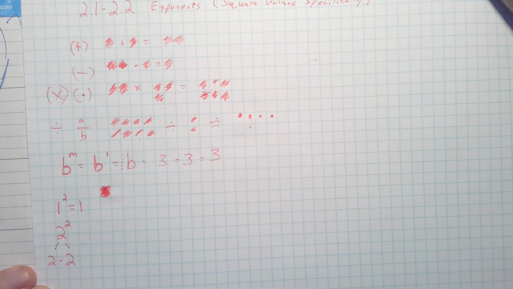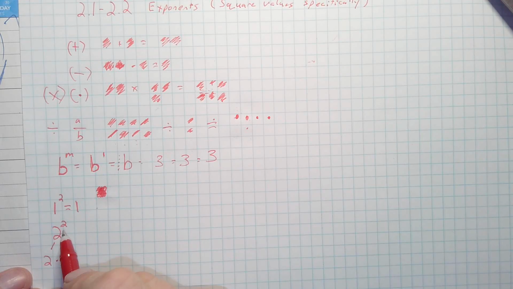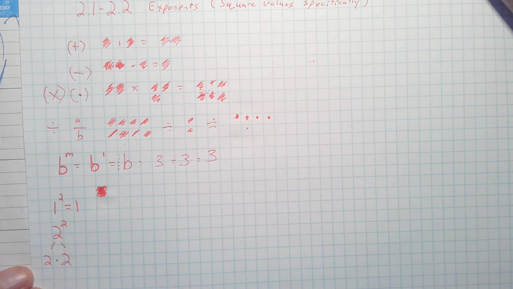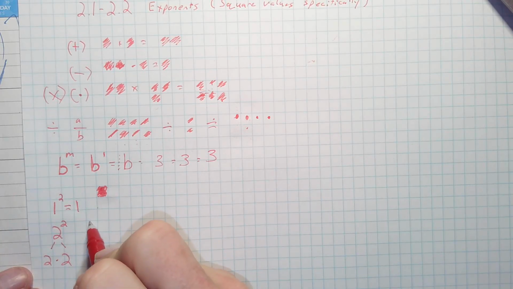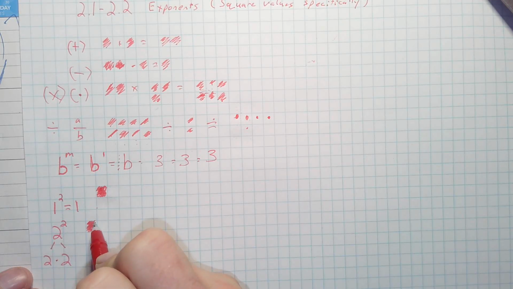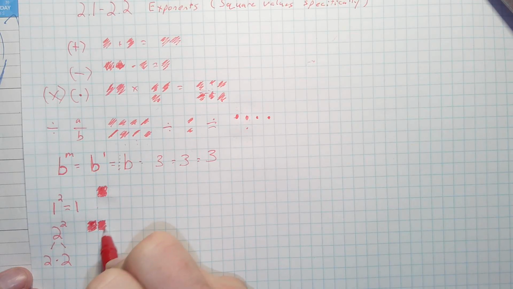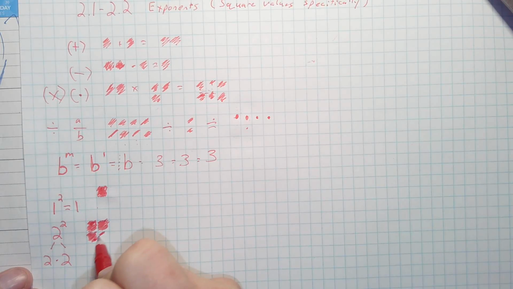When you raise something to an exponent, you're multiplying that base times itself the number of times of the exponent. So this is the base times itself 2 times. 2 times 2 is going to be equal to 4.